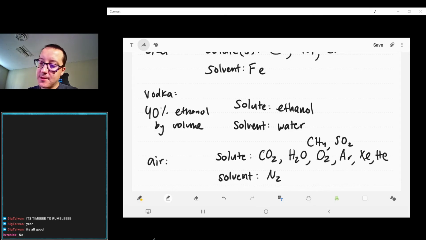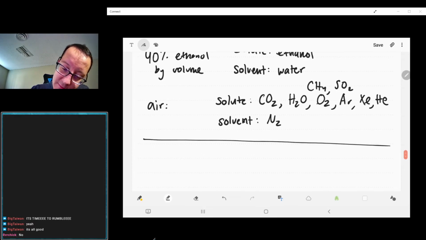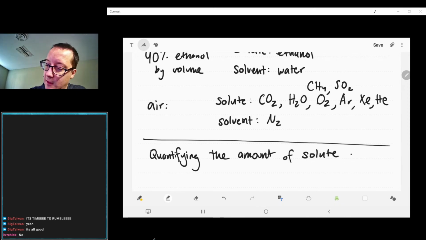All right. So moving on then. We can also quantify the amount of solute in a solution.